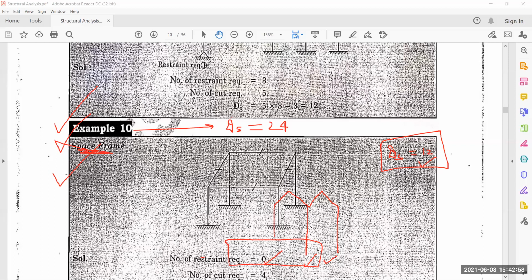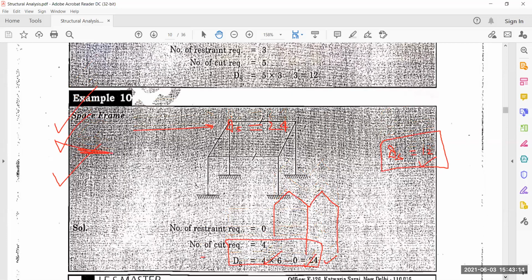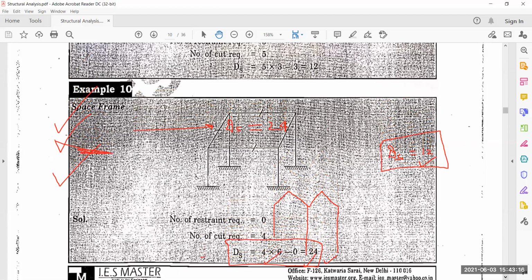Okay, just see what is the DS of this structure. I think DS is equal to 24. So that is the right answer.